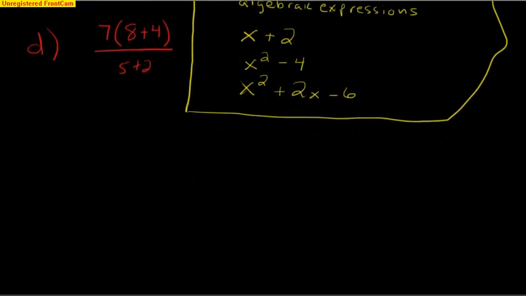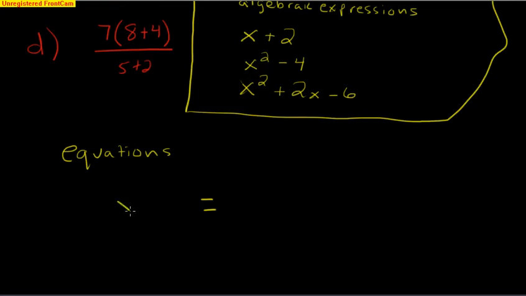So when we have an equation, we've already been working with equations for a long time. What we're really doing is we're taking an equal sign and we're putting expressions, either algebraic or numerical expressions, on both sides of the equation.